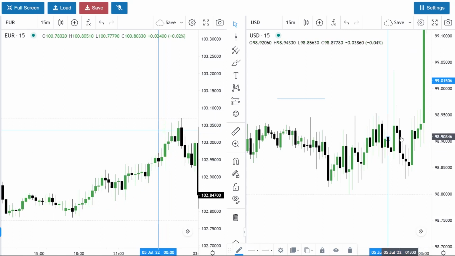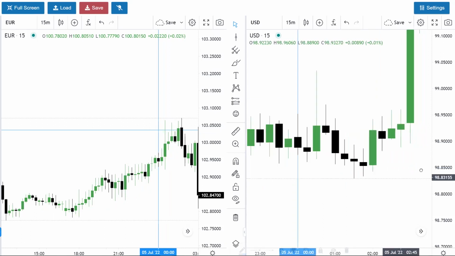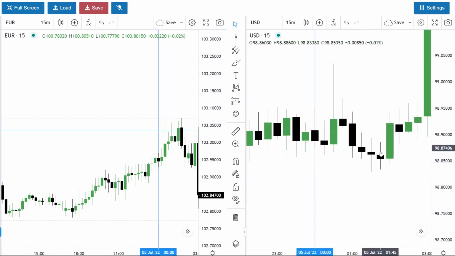This doji here, on the dollar, I'm looking at this small candle, this indecisive candle here. You're going to have candles buying this side, you're also going to have candles selling this side.